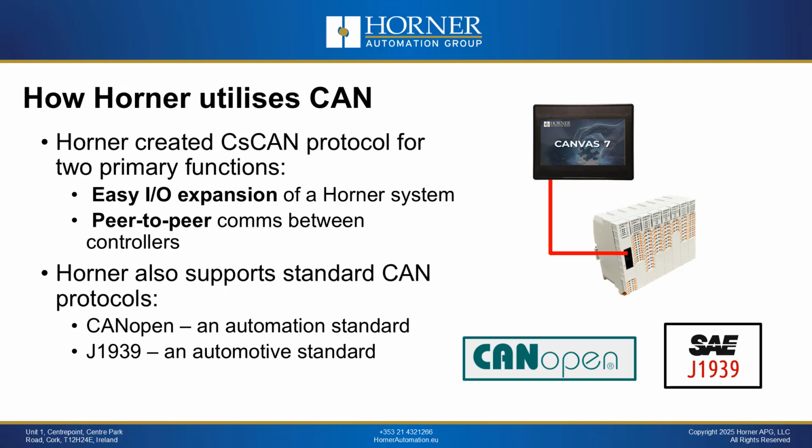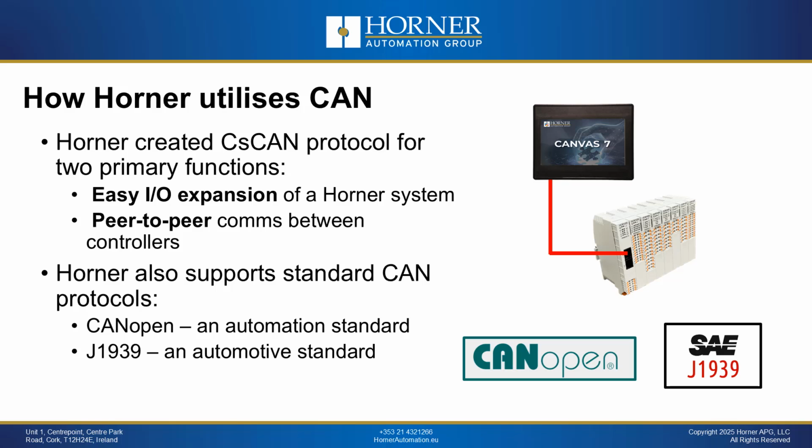It is very easy to use and very robust, and as a matter of fact, you do not even think about the protocol. You just connect up your I/O and use it, or connect up your controllers and have them start exchanging data.